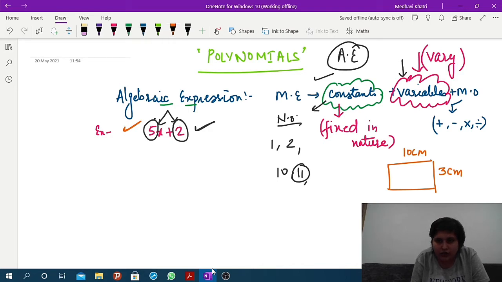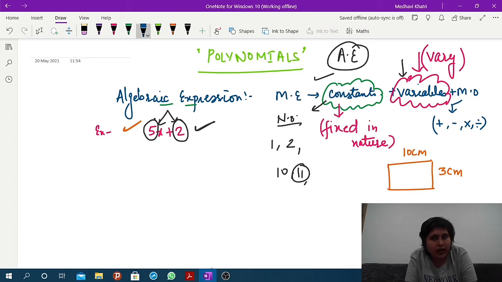Okay, so I've drawn a rectangle of length 10 centimeter and breadth 3 centimeter. Now can you tell me, in this universe, will there be any other rectangle whose dimensions will not be 10 centimeter and 3 centimeter? Can there be any rectangle possible whose dimensions will be different from this one? It is possible. There can be an infinite number of rectangles whose dimensions will not be equal to 10 and 3 centimeter.